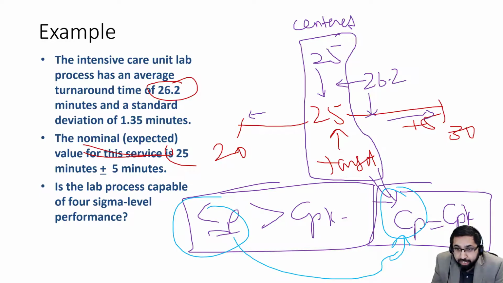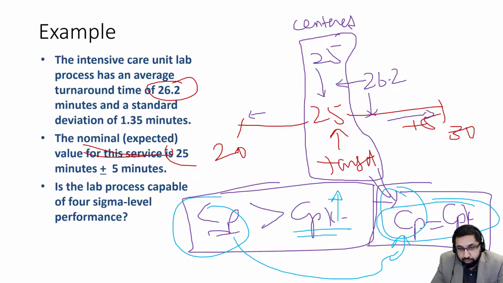But CPK improves the more you center the process. So when the process is not centered, the CPK would be a smaller value. And as you center the process, the CPK would rise until it equals CP when it is completely centered. So if you see a CP value above CPK, you know that the process is not centered.